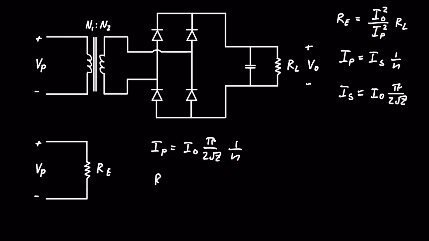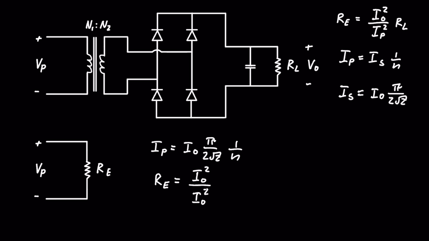So we get that RE is equal to IO squared and then over this equation. So we also get IO squared, and we need to square this as well.